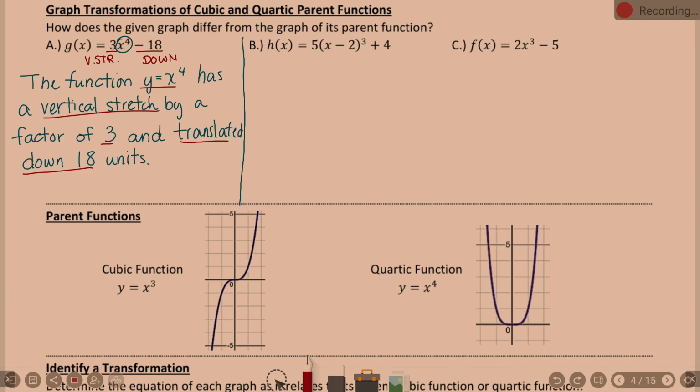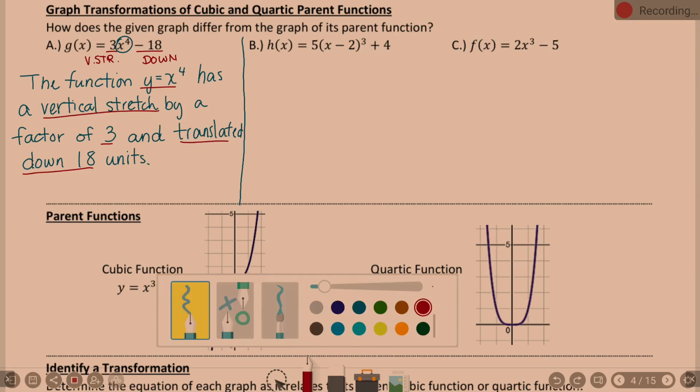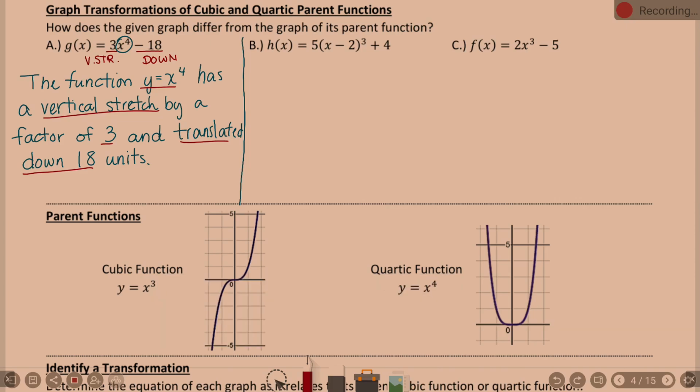Okay, that was rough. Is it coming back to us at all? Let's look at B. H of x equals 5 times x minus 2 cubed plus 4. Any of the pieces, can you name what's going on?